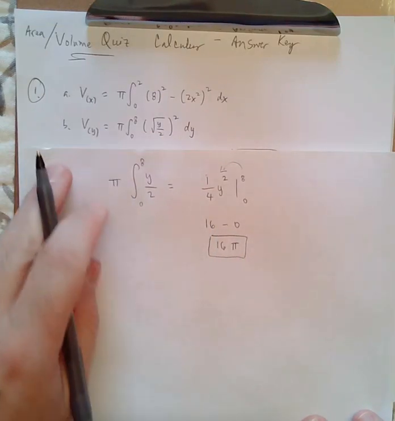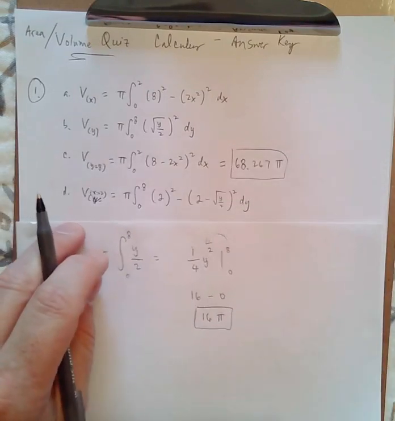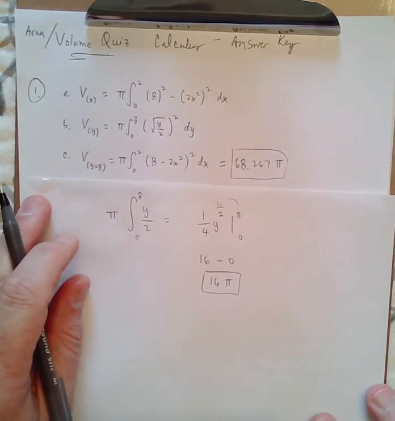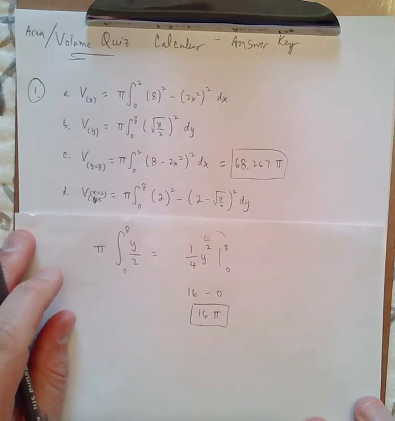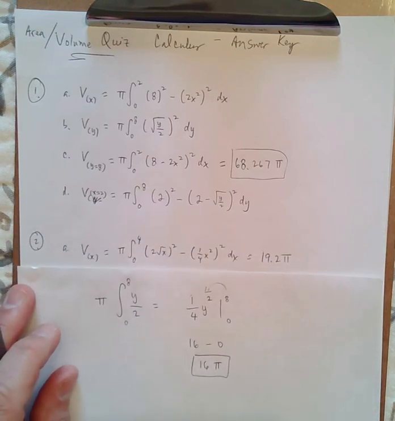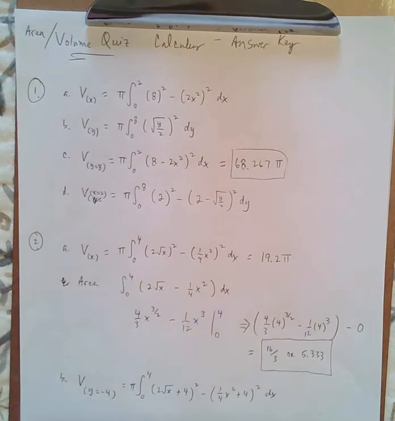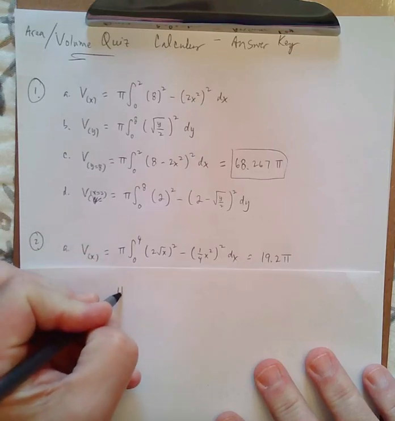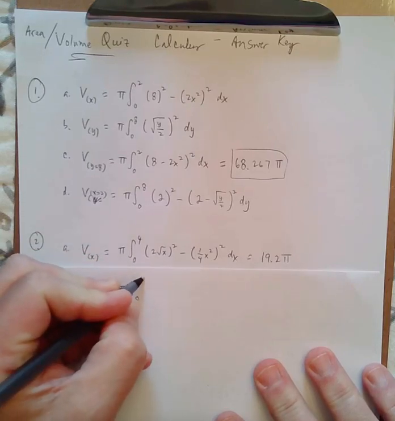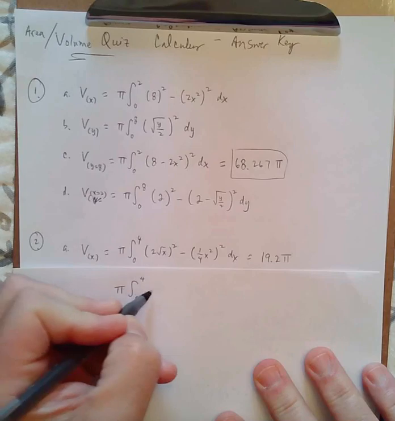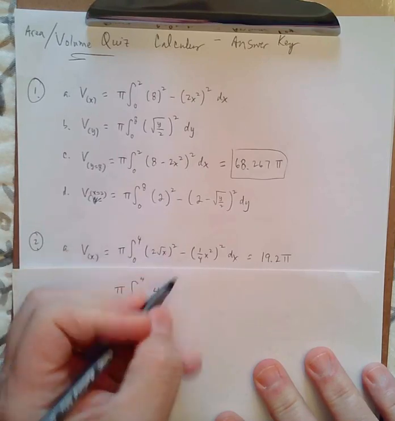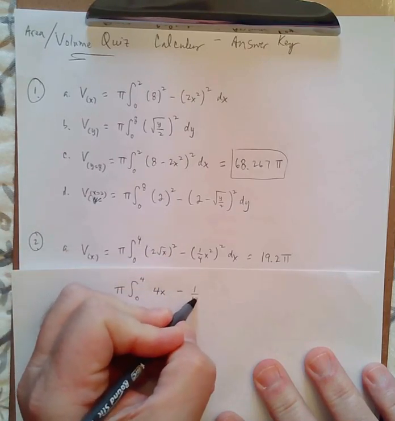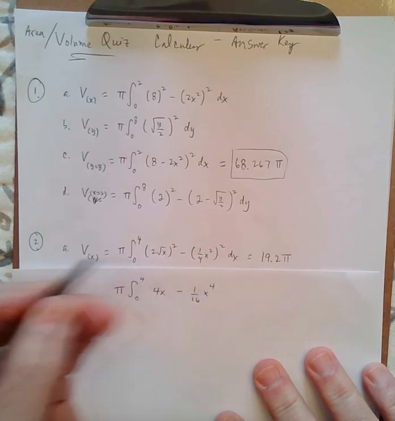Okay, here we typed that out. I would type that out too. The second problem, again, that's your answer. But if I were to do this without a calculator, it would be pi times the integral from 0 to 4. 2 radical x squared is 4x minus 1/16 x to the 4th.